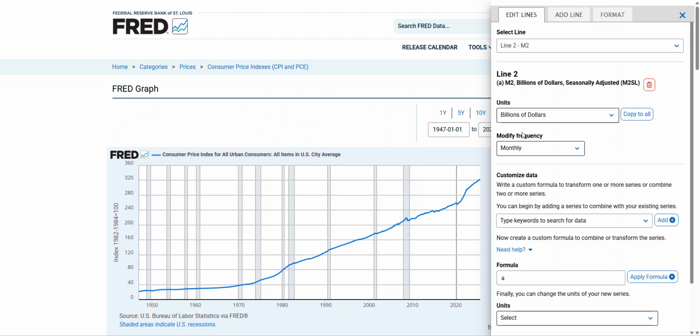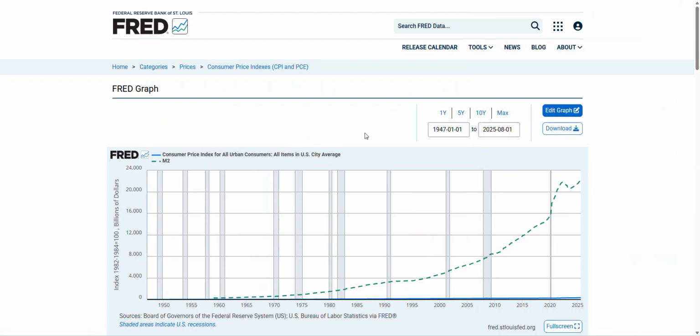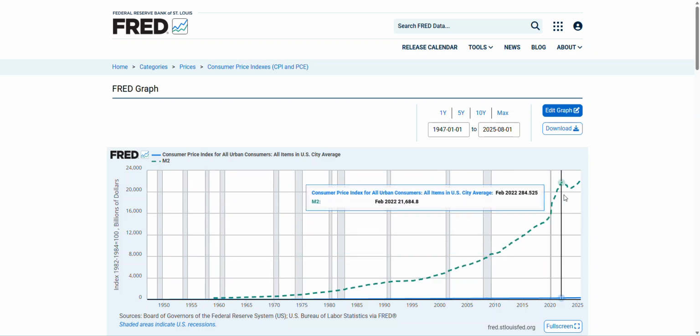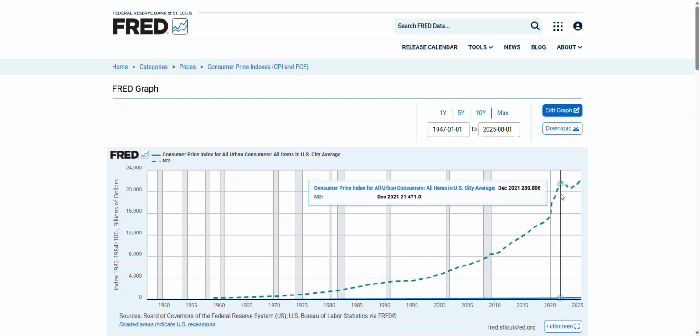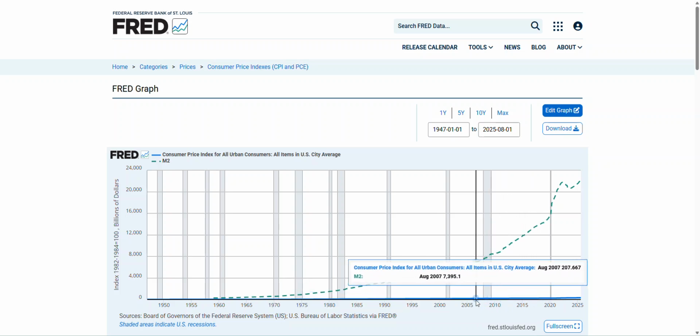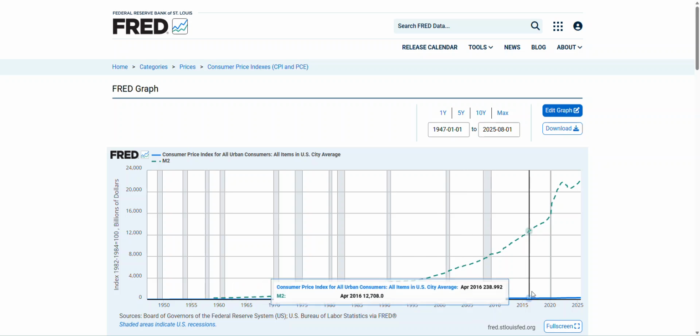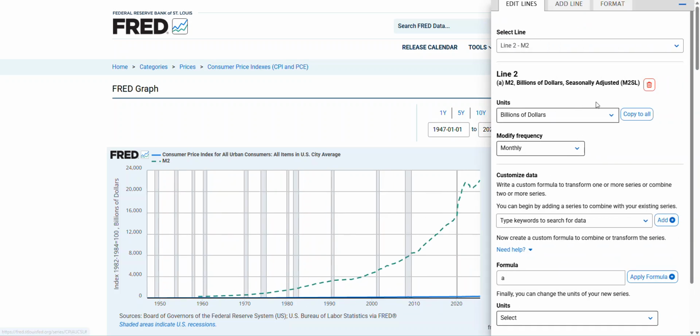We're going to add the data series, and it appears that nothing happens. I see my consumer price index, but it's way down here, and I can barely pick up the money supply M2. So I'm going to go back to edit graph again.